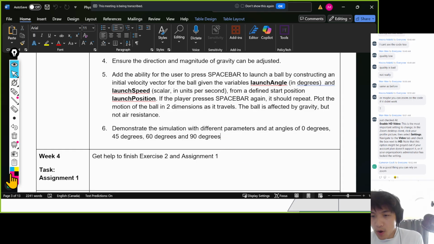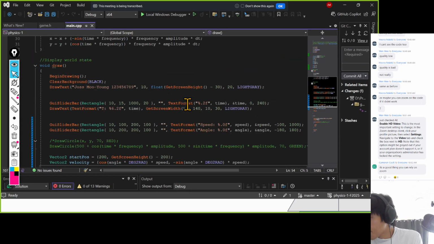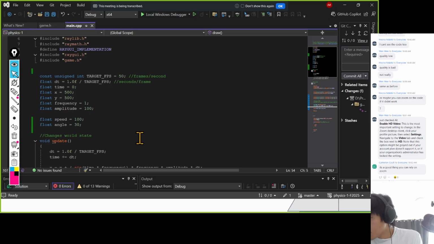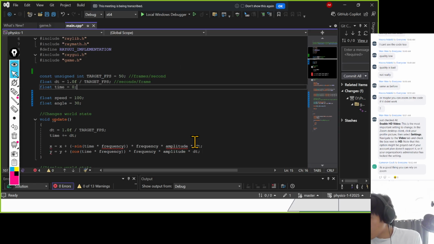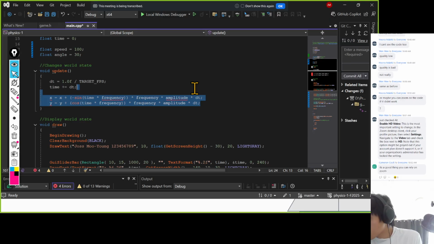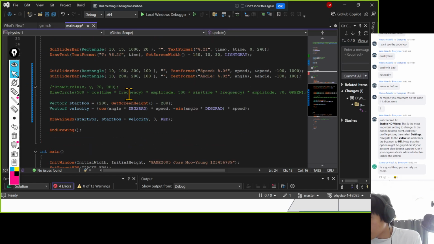Okay, let's do part of it. I'm going to get rid of some of these variables. We don't need some of these anymore. I'm going to get rid of those. I'm going to get rid of that. I don't need to draw circles anymore.